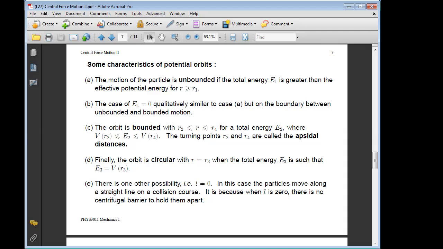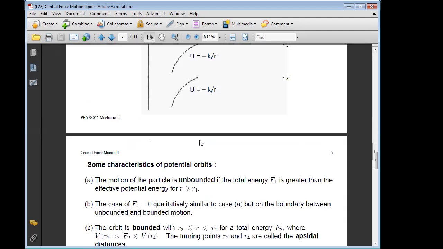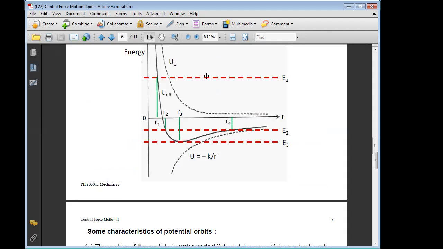Okay, let me quickly summarize it again. When the energy is E1, it is unbounded motion. It comes from afar, hits the effective potential barrier, bounces off and flies away. When E1 is equal to 0, this is the borderline between bounded motion and unbounded motion.